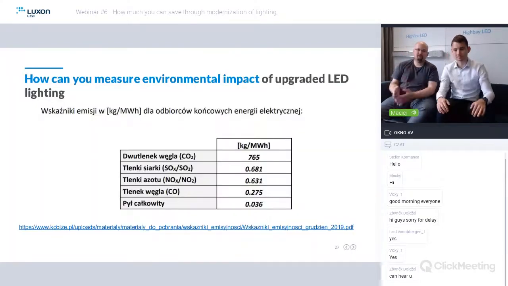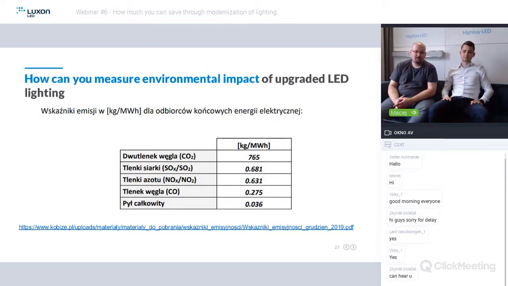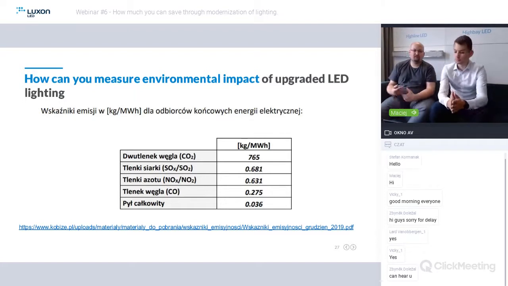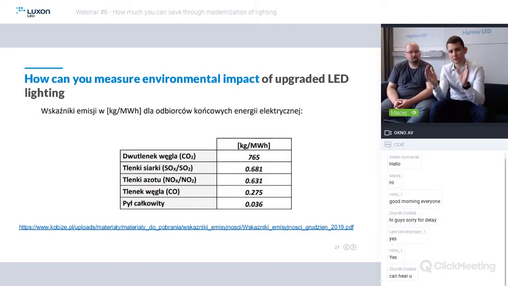Yes, and the last parameter, this is how you can measure the environmental impact of upgraded LED lighting or any kind of energy consumption device that you can upgrade to a better one. This is very specific for the Polish market. You have to download this kind of information for your own country, for every country, because every country has a different structure of producing energy. Exactly.